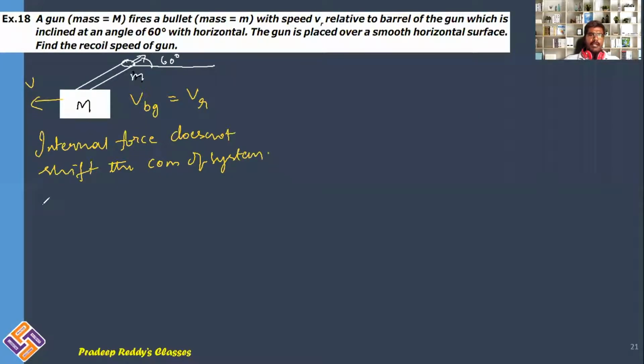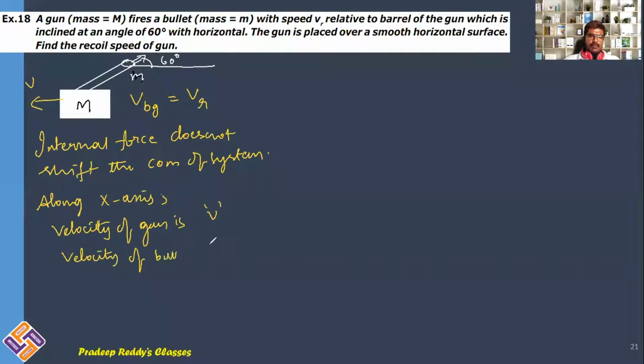And along the x-axis, I am considering that the velocity of the gun is v, and the velocity of the bullet is what I want to find out.